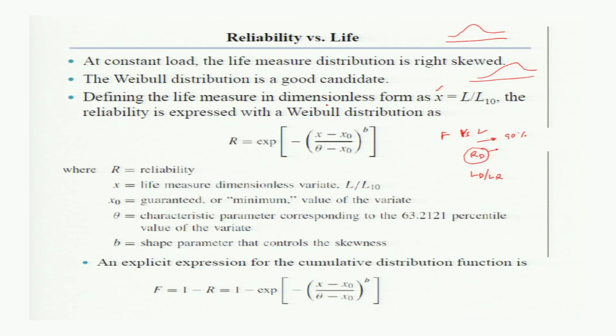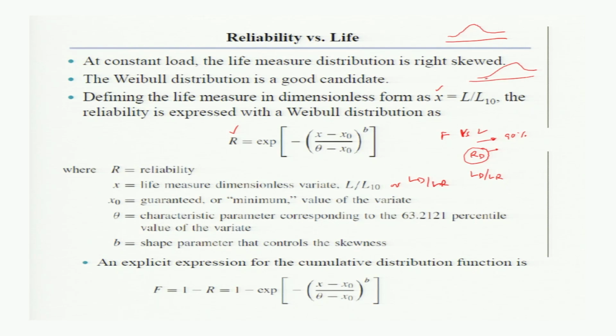The reliability is expressed with a Weibull distribution: reliability is given by e to the power minus (x minus x0) divided by (theta minus x0), to the power b, where x0, theta and b are the Weibull parameters, and x is the dimensionless life variate L divided by L10, or L desired divided by L rated. x0 is the guaranteed or minimum value of the variate, theta is the characteristic parameter corresponding to the 63.2121 percentile value of the variate, and b is the shape parameter that controls the skewness.